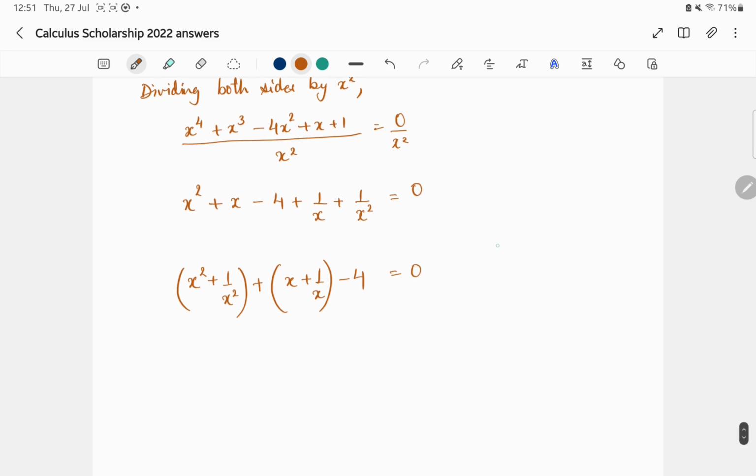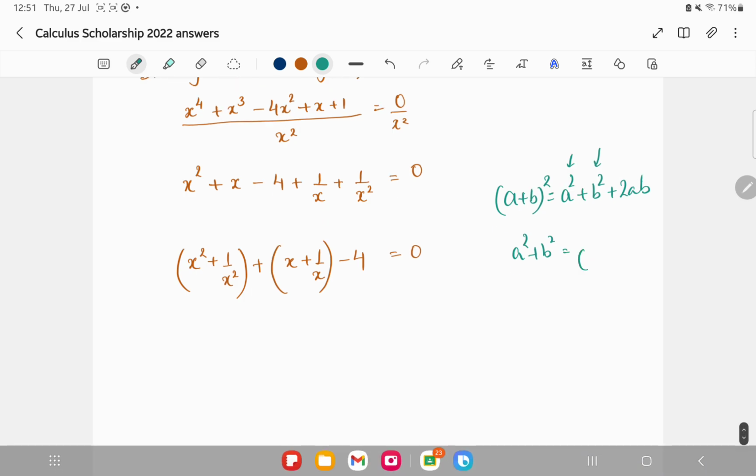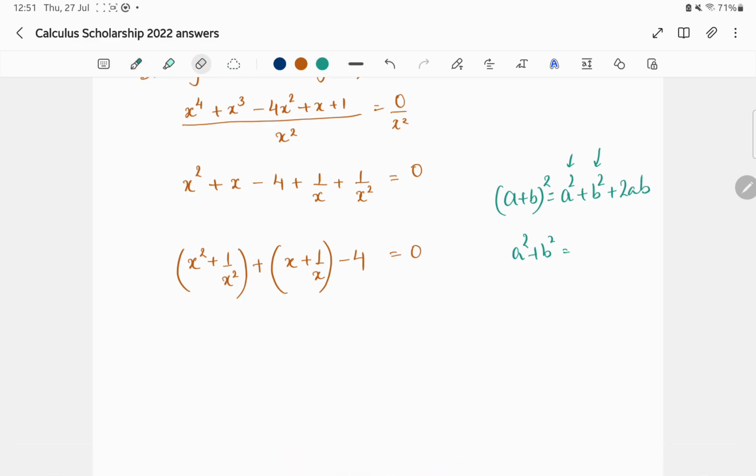So we know that a plus b whole squared is equal to a squared plus b squared plus 2ab. So if we need a squared plus b squared, we can write it as a plus b whole squared, take away 2ab, right?